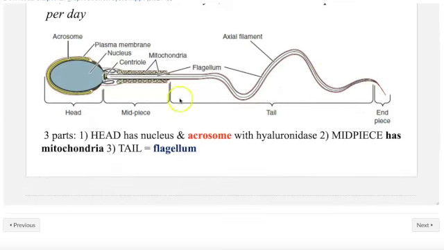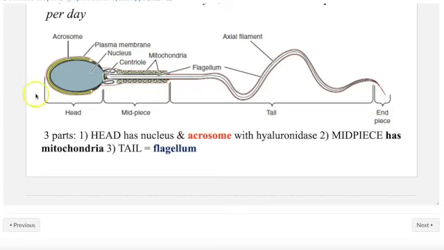Here is what a sperm looks like. It's got three sections: the head, the midsection, and the tail. The tail is for swimming. It's called the flagellum. The midsection is filled with mitochondria. Why? Because it needs power to move the flagellum.